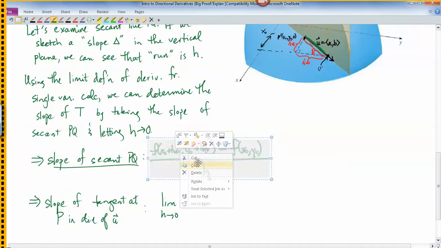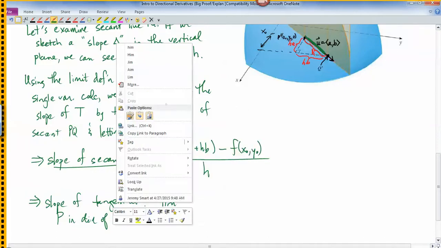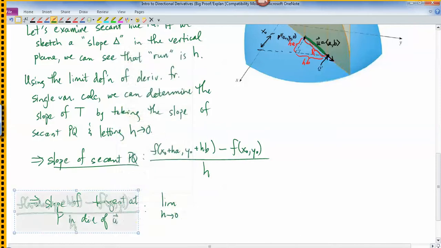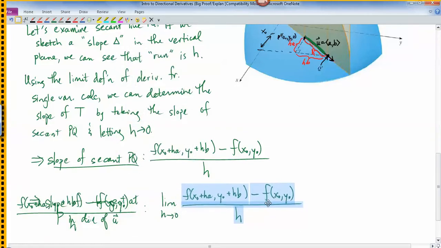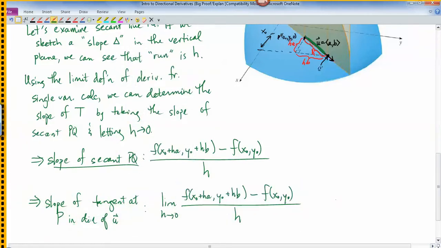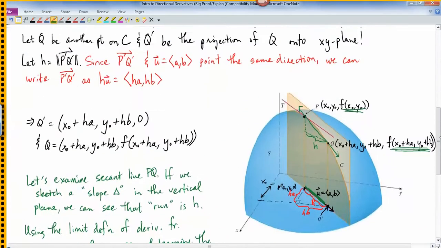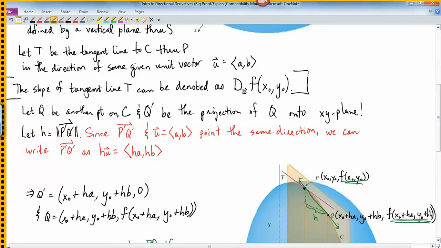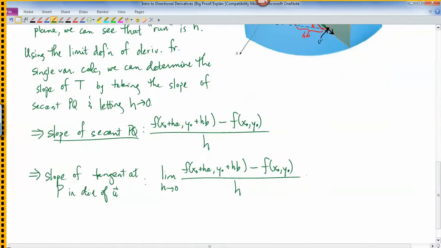So I'm just going to copy and paste right there. And we already decided from the definition up here that the slope of the tangent line there can also be denoted that way. So then this equals the derivative in the direction of u of f at (x naught, y naught). And that's our proof right here.